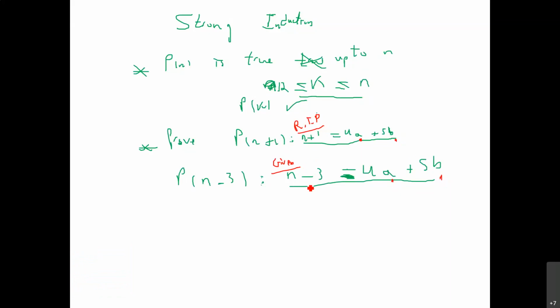Well, I'll start with my given. I have that this is a valid equation. I'm just going to add 4 on each side. What do I get? n minus 3 plus 4 is 4a plus 5b plus 4. This becomes n plus 1.